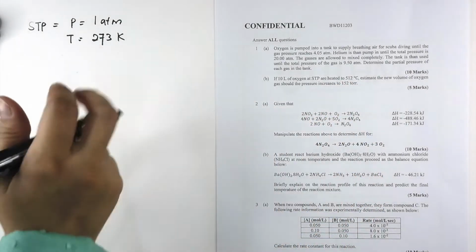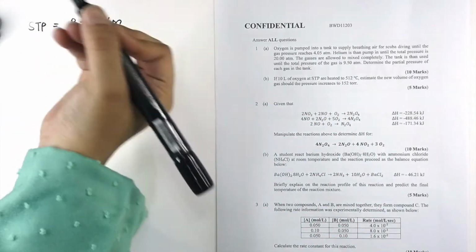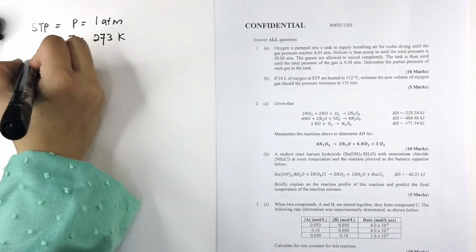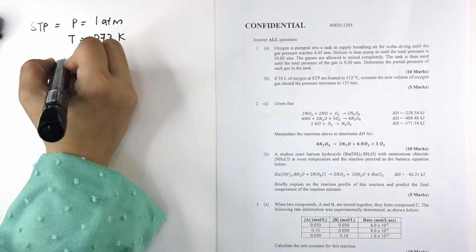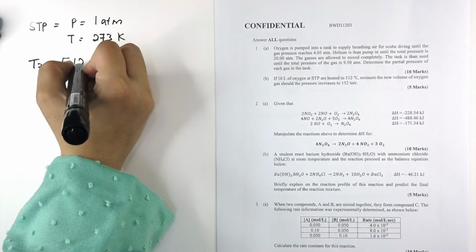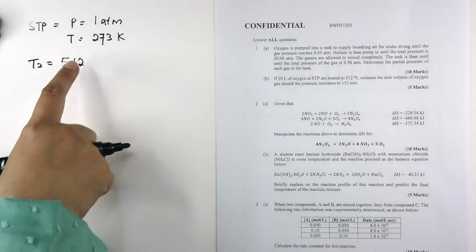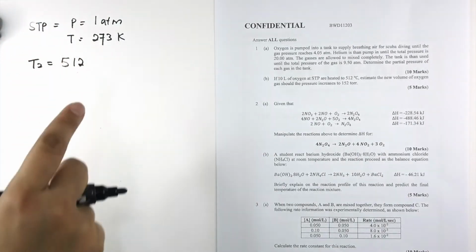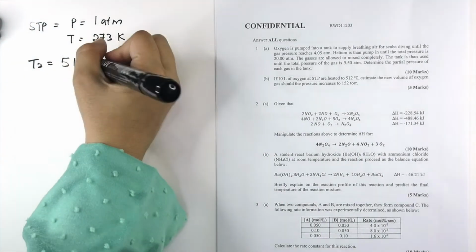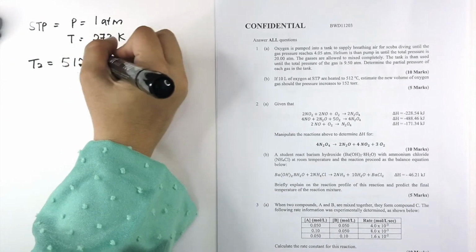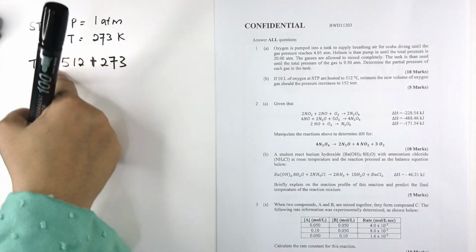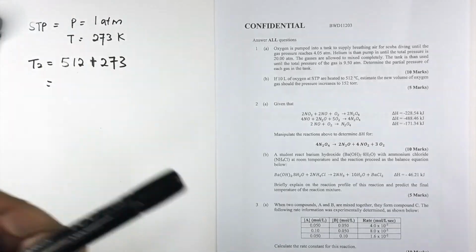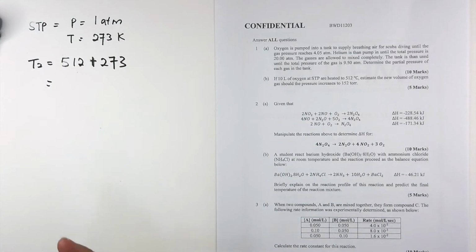What else is given to you? It is being heated to, so that is your T2: 512 degrees Celsius. Because the initial condition given to you is in STP, you need to add 273 to convert this into Kelvin instead of degrees Celsius.